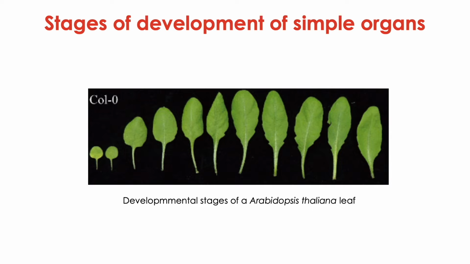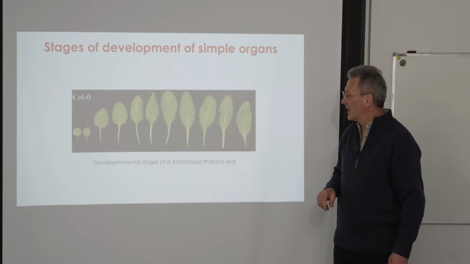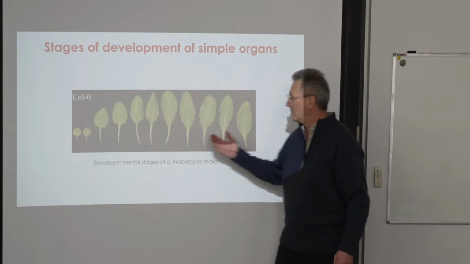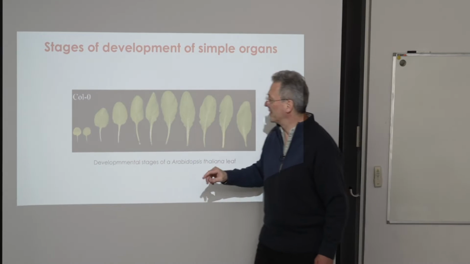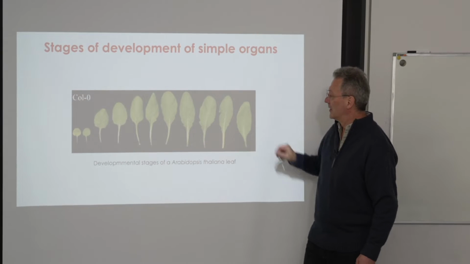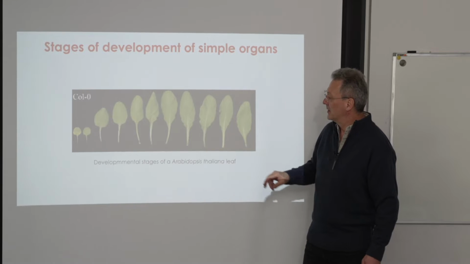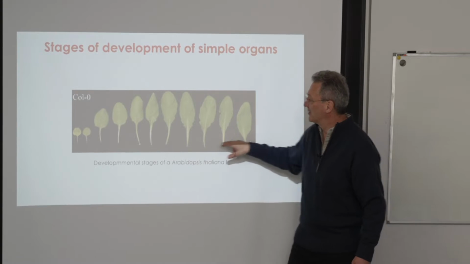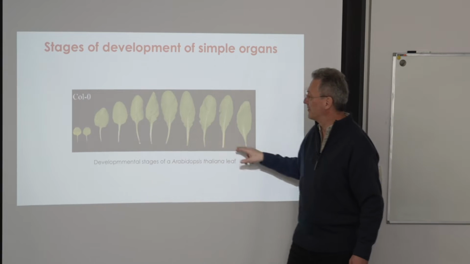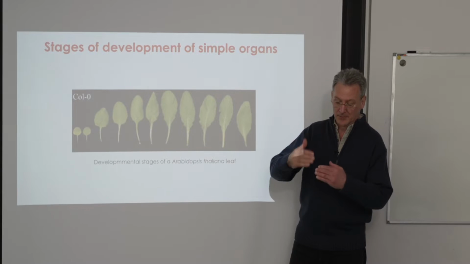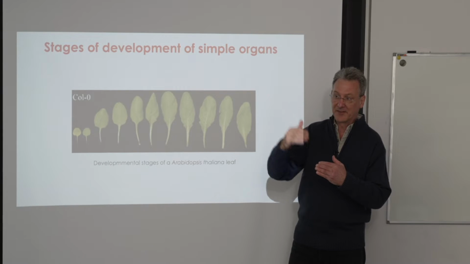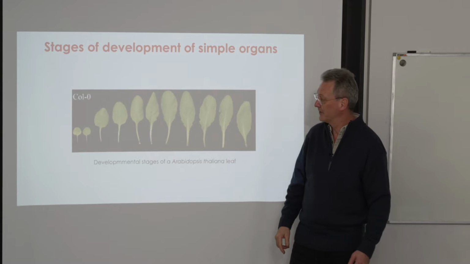So each organ on a plant has a developmental sequence, and you see the two cotyledons here, and then the leaf. These are the elements of the leaf at different ranks of the main stem on the plant.